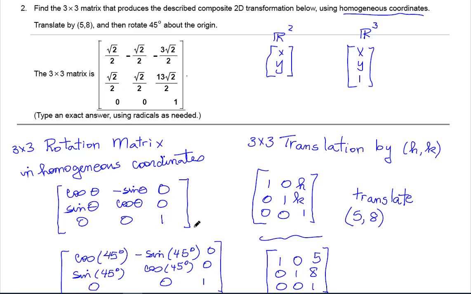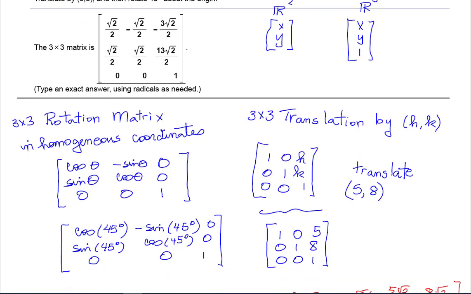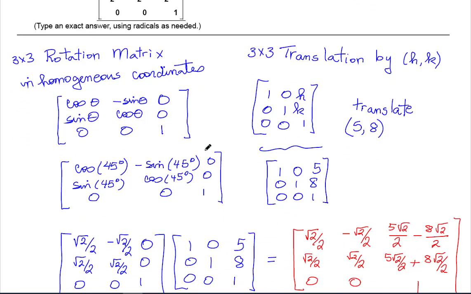My translation matrix looks like 1, 0, 0, 0, 1, 0, and now translated by h in the x direction, k in the y direction: h, k, and 1.